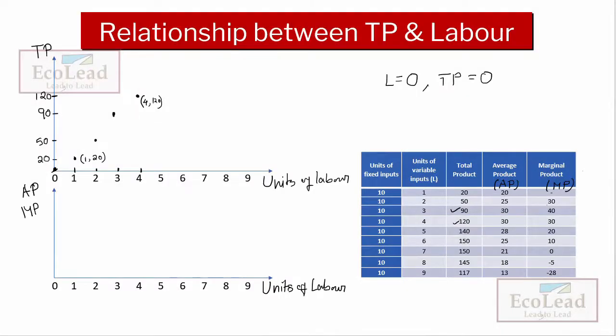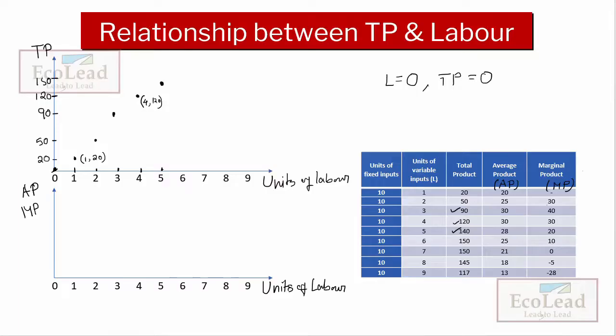If we engage 5 units of labor, what will be the total product? 140. So 5 units of labor we have engaged and the output is 150.